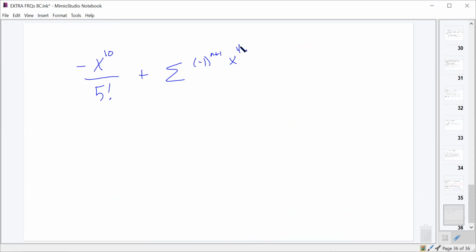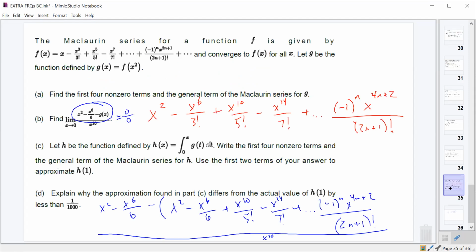n equals 1 or 0, whatever they had us starting at before, what value are we starting at here to get the x to some largish power over there, 14th or something like that? To get to the x to the 14th over 7 factorial, what value do we need to start at?